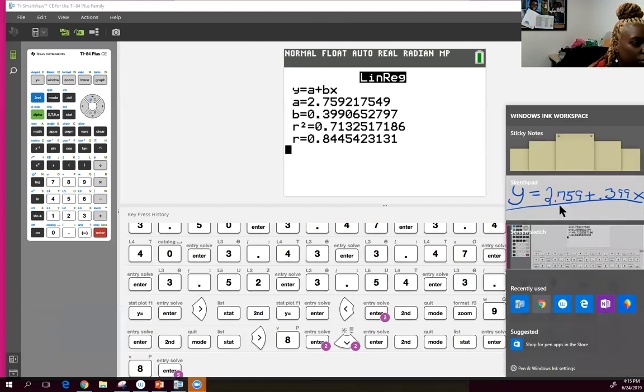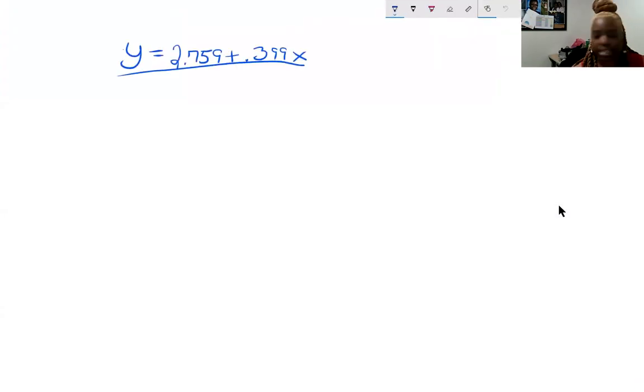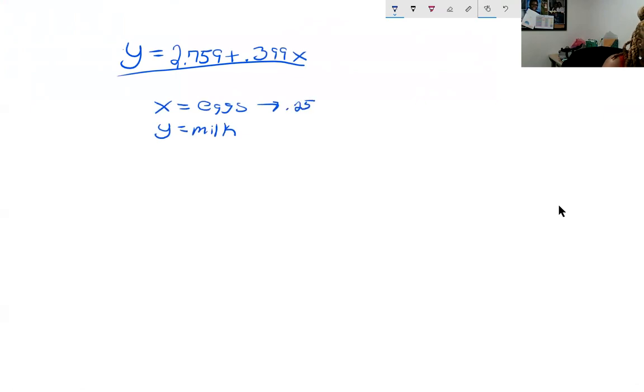All right, just so we remember, X was eggs, right? Eggs. And Y was milk. All right, so the question is saying, if we know eggs differ by 0.25, then what's Y?